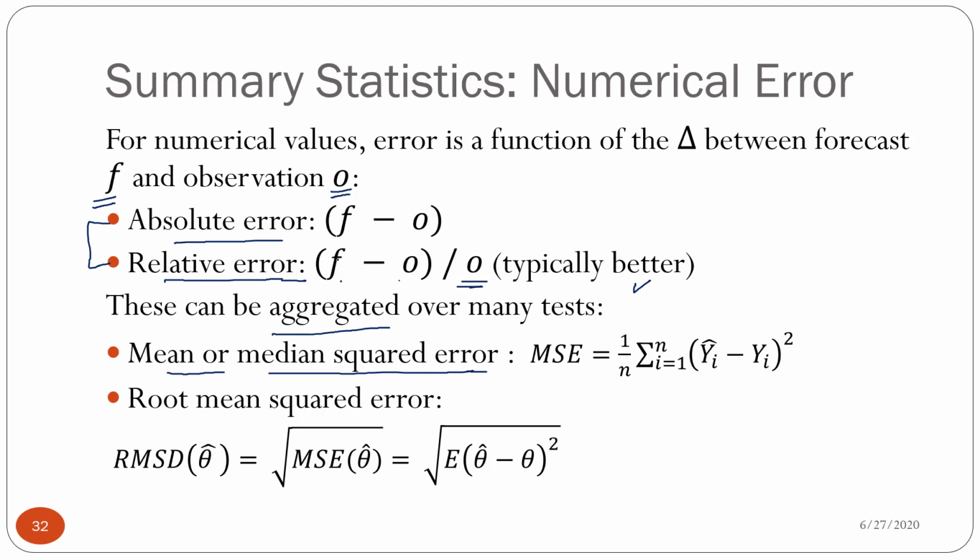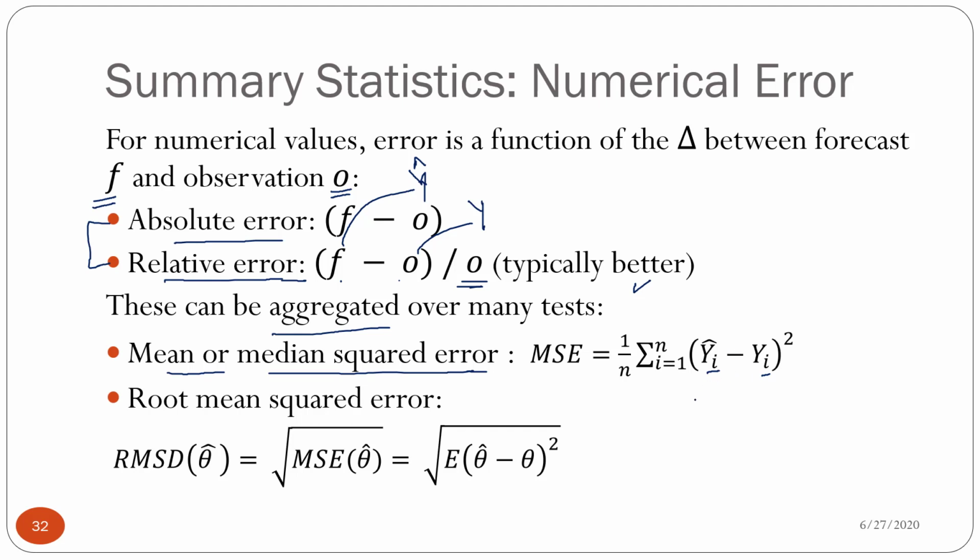Let's generalize it. We have f and o. Let me call f y hat, so y hat means what I predicted. The predicted output is y hat, and o is simply y. The difference between f and o you can write as y hat minus y sub i.